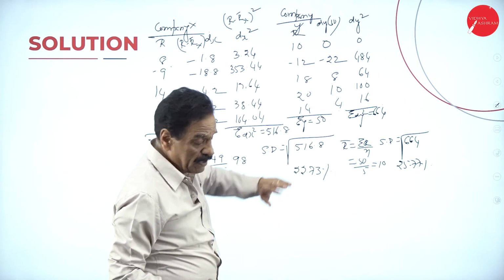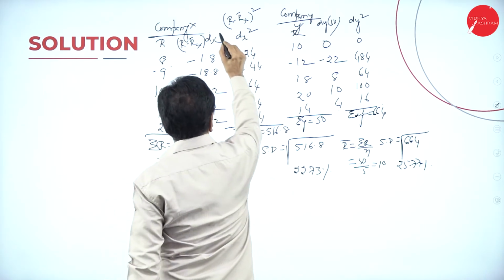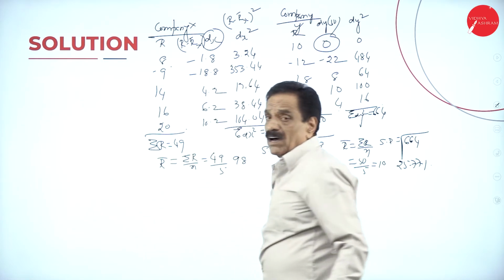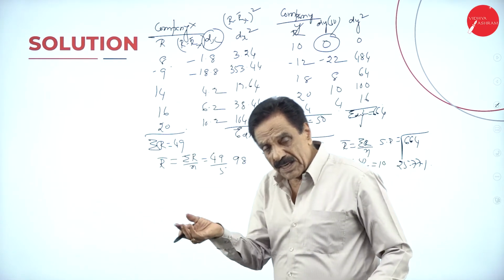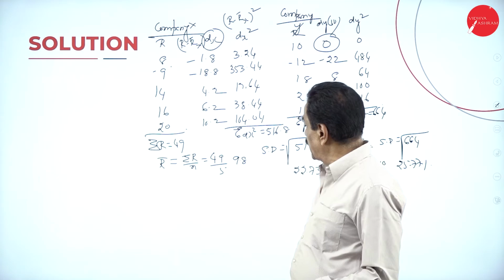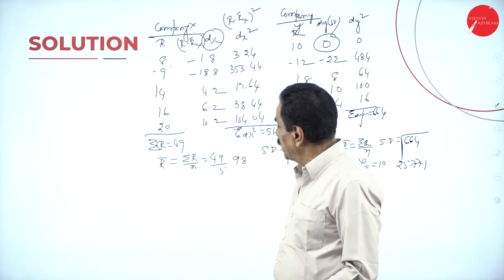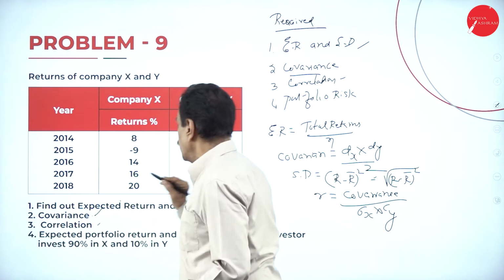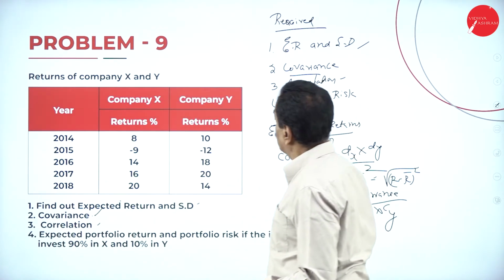Then dy squared, then dx into dy, multiply for covariance, then R is equal to covariance divided by standard deviation x and standard deviation y. So what's the question they ask?